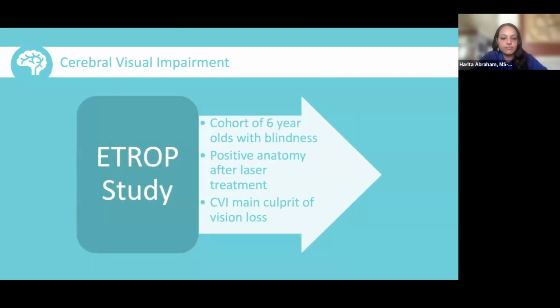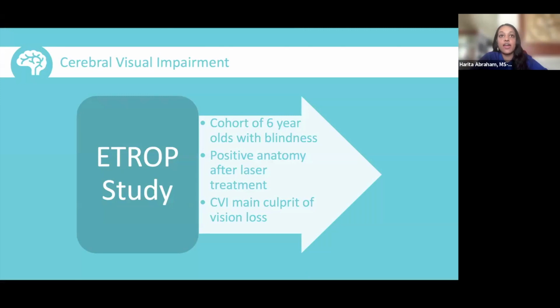So a study that was looked at in this literature review was the ETROP study. In this study, there was a cohort of 6-year-olds who had blindness. And this gets back again, I'm going to repeat this through this whole thing, to the theme of anatomy versus the processing part of vision and eye health, right? So in this cohort of 6-year-olds who had blindness, they had great anatomy.